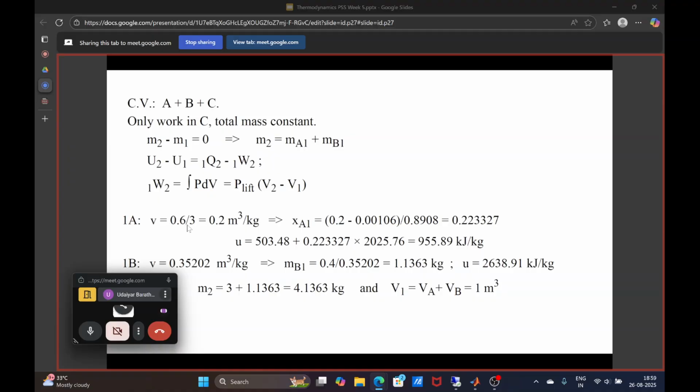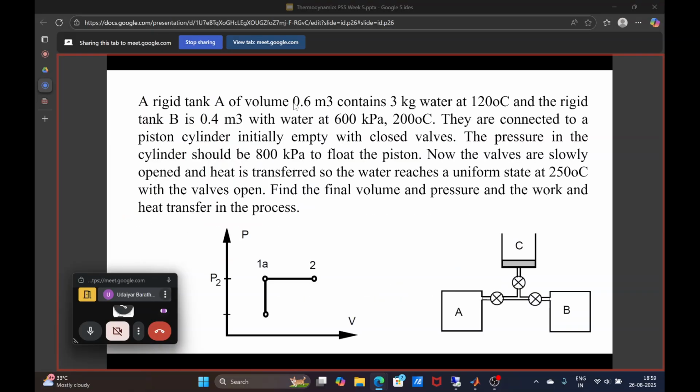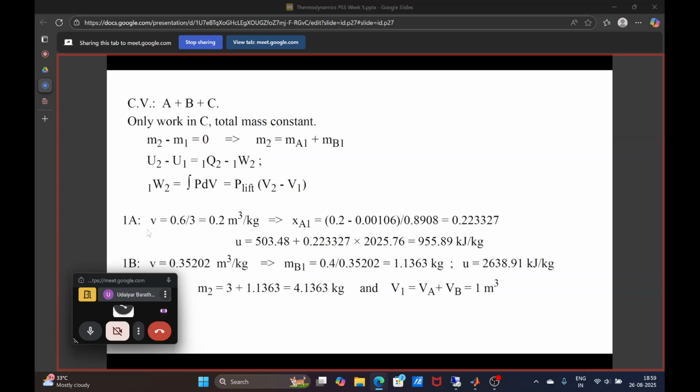Initially, tank A is at 0.6 meter cube and 3 kg. So the specific volume for the first tank is 0.2 meter cube per kg.